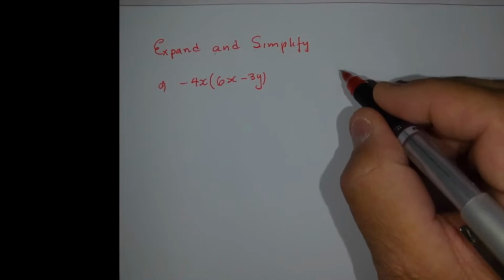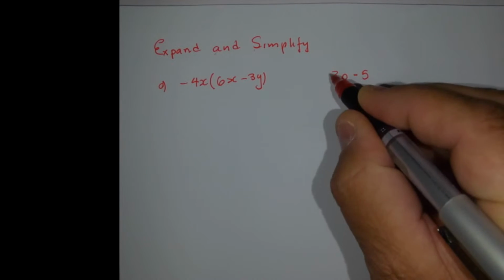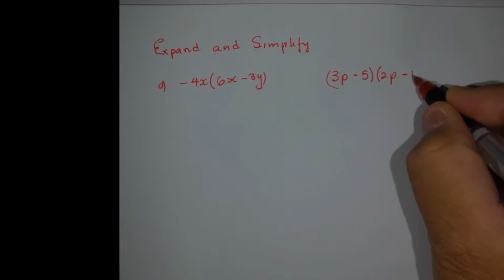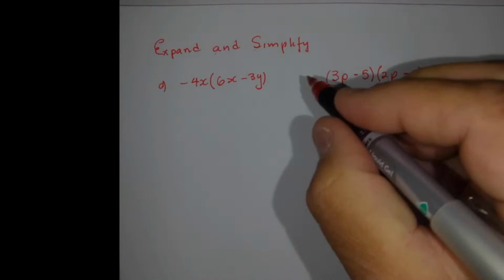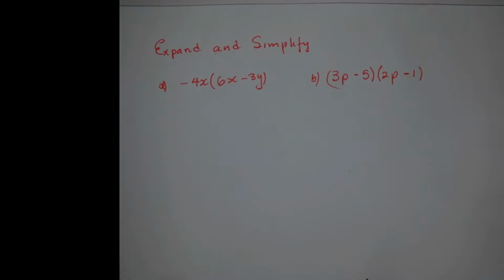So now we're going to have something like (3p minus 5) times (2p minus 1), and that will be b. And then we're going to look at a couple of other examples. So let me just start from here.